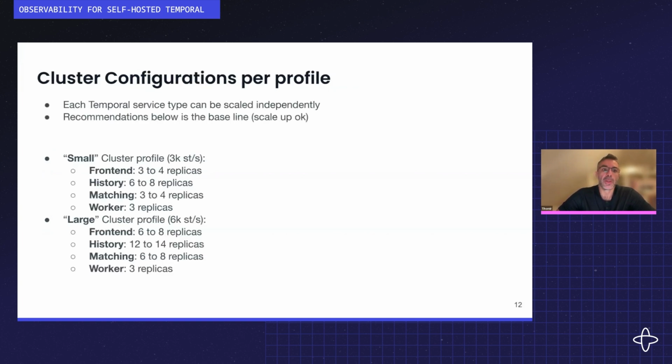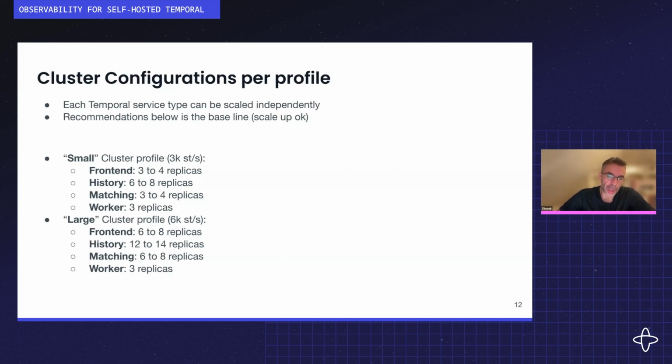Each Temporal service type can be scaled independently. The first thing we're going to look at is the replicas. We're going to define small and large cluster profiles and give you a number of replicas already scaled up to whatever profile we're targeting.